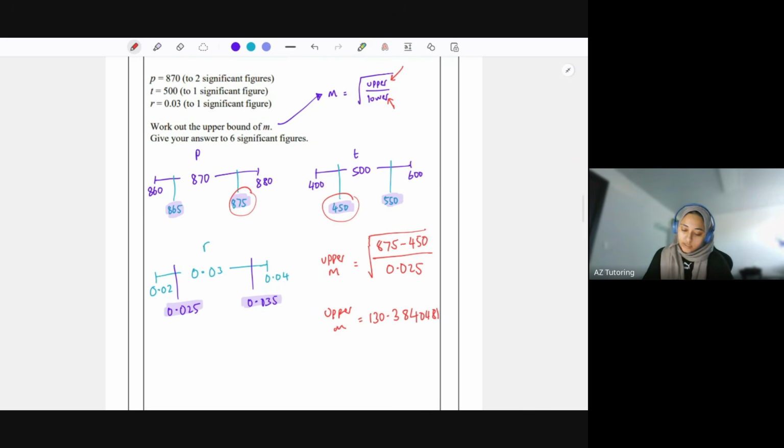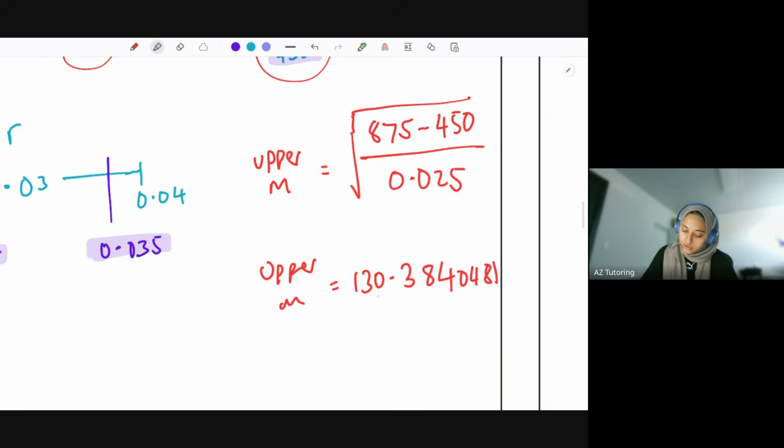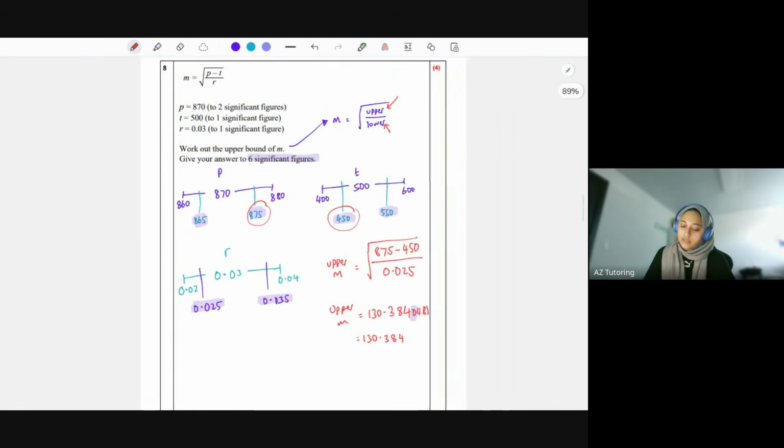They want the answer to 6 significant figures. So what's the 6th significant figure for me? So 1, 2, 3, 4, 5, 6. This 0 keeps the 4 as is. So it's just 130.384. That's the 6 significant figures. And that's my answer.